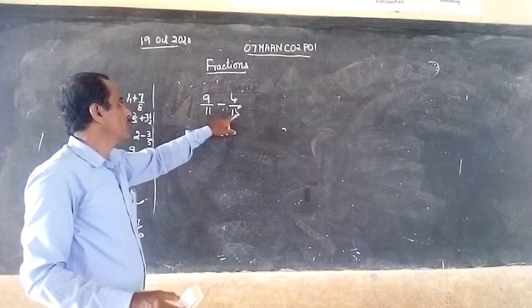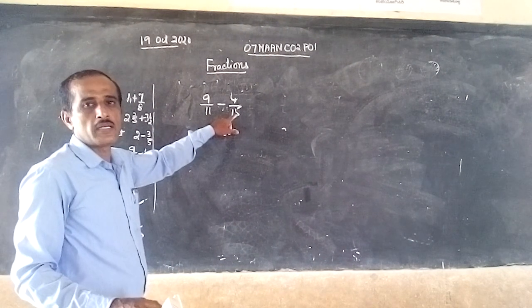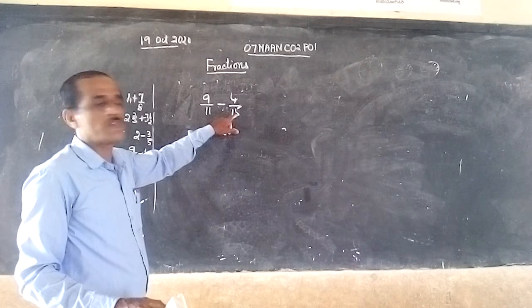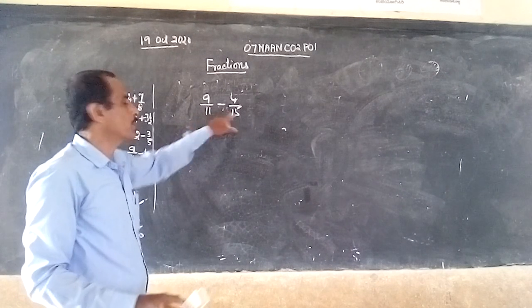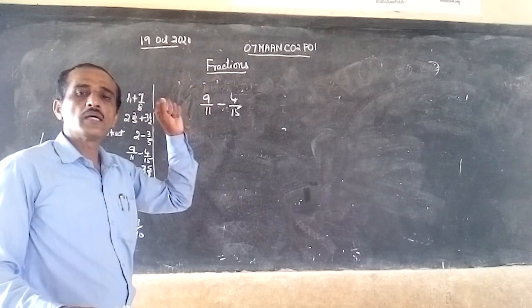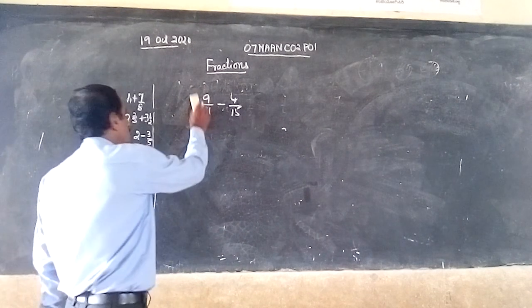So if no such number is available, then you have to take the product of the denominators as the LCM. Like that you can do.